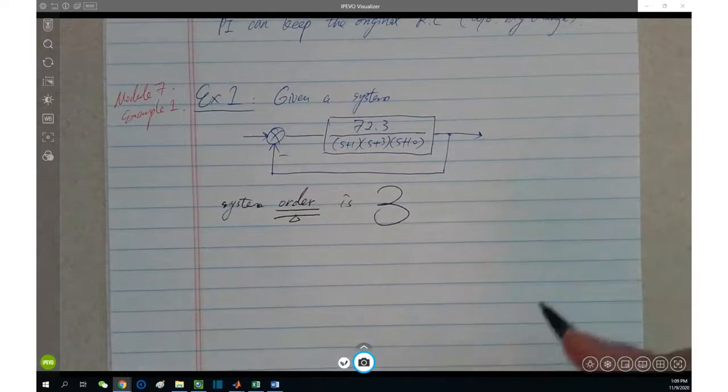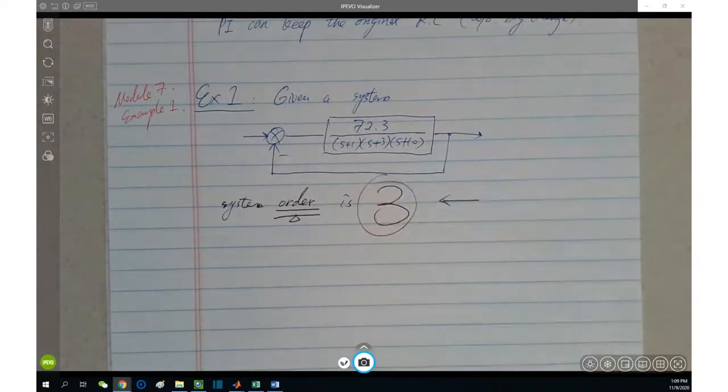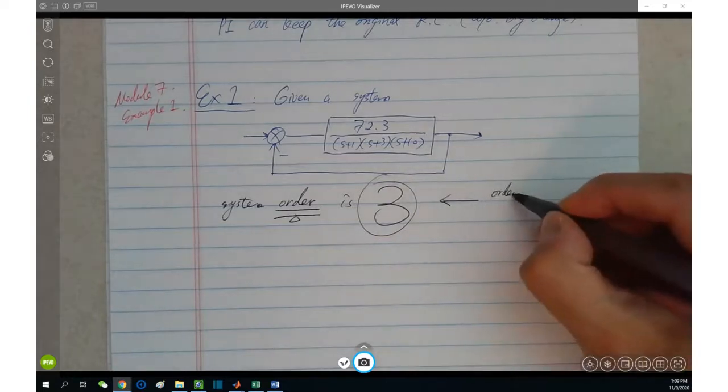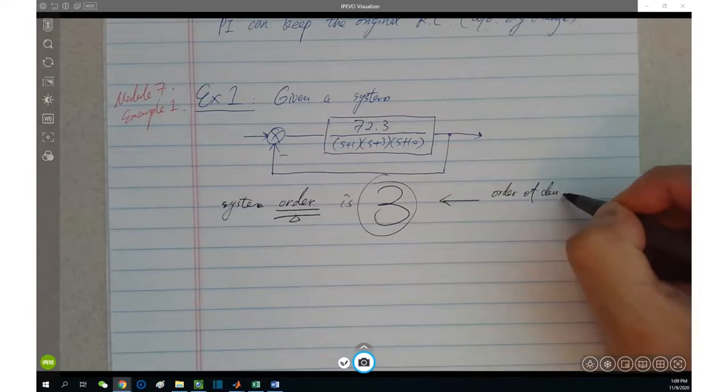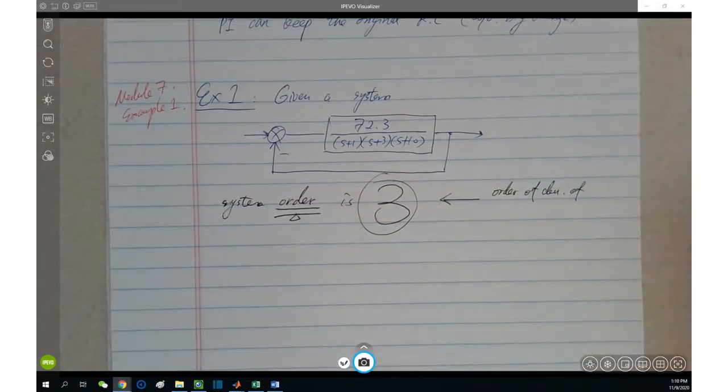By the way, how can we tell this number? What's the reason it is 3? Order of denominator. Very good. Order of the denominator of whom? Whose denominator?